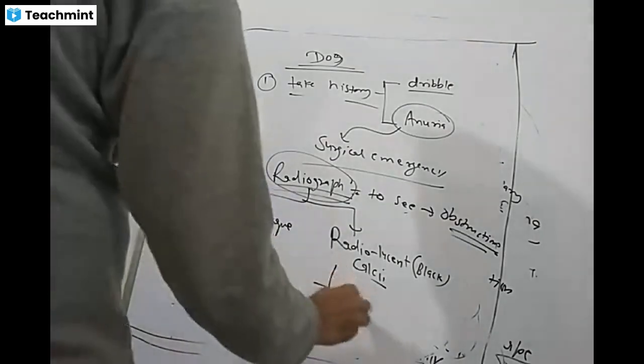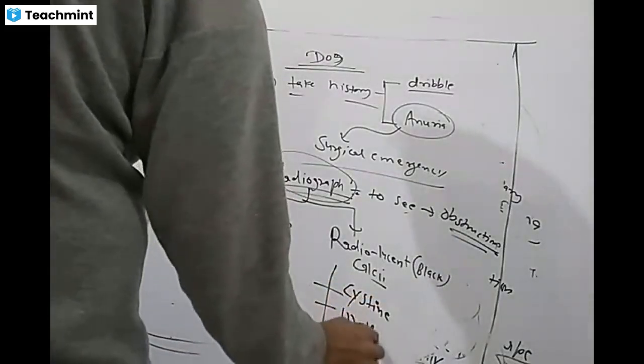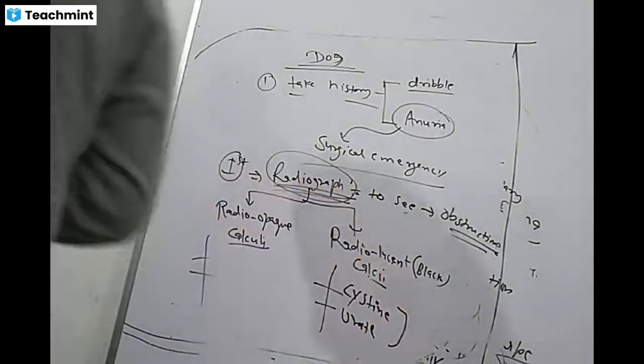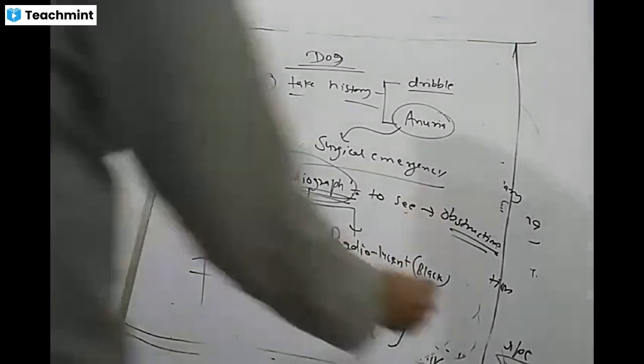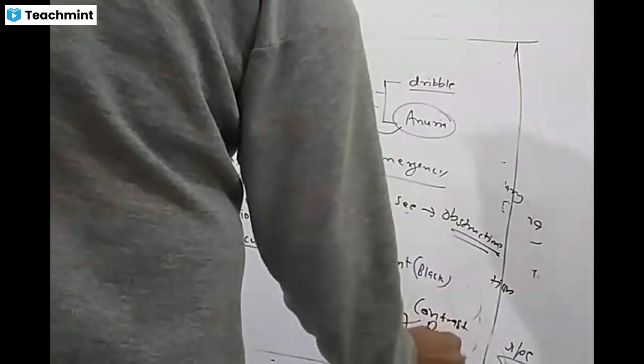These are cystine and urate. These are radiolucent, meaning you cannot see them on simple plain radiography. On plain radiography these are black. So in that case, if these are black, we go for contrast radiography.